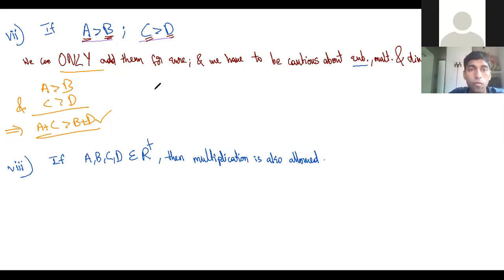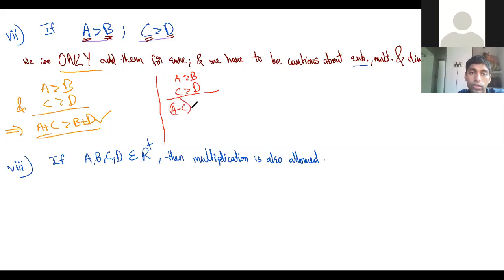See, what is the problem with subtraction? Actually, subtraction involves multiplying with a minus sign. I'll show you something, right? Let us take the same example. If A is greater than B and C is greater than D, let us say subtraction holds true. If you subtract both of these, what are you getting?